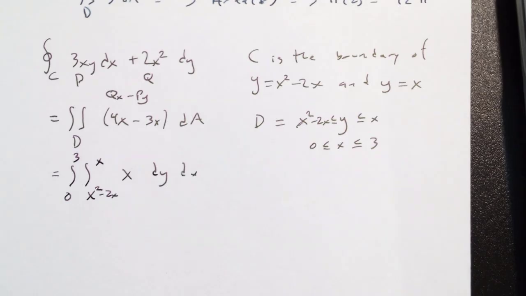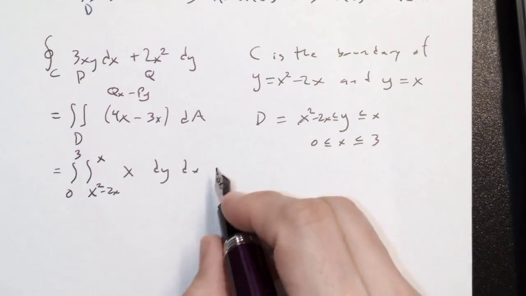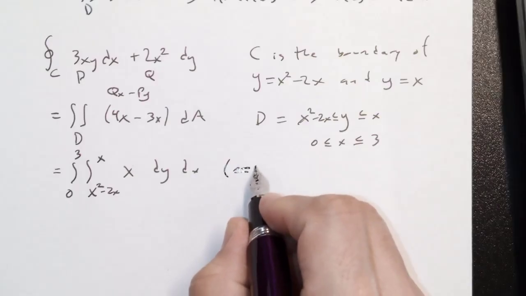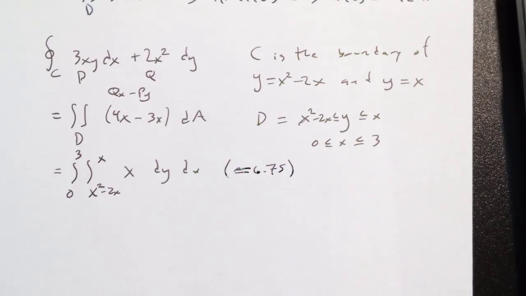But the best part is I know how to do that integral, and I didn't have to parameterize squat. With a little bit of work, you should leave yourself some space. The answer is 6.75. Question.